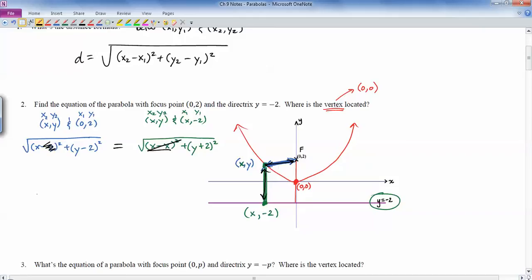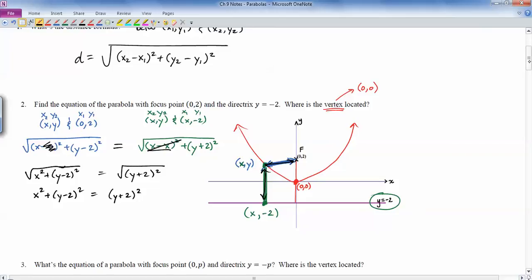So if we simplify a little, we've got the square root of x squared plus (y minus 2) squared equals the square root of (y plus 2) squared. Now I'm going to square both sides, and when you square a root, you just get the inside. So it's x squared plus (y minus 2) squared equals (y plus 2) squared.